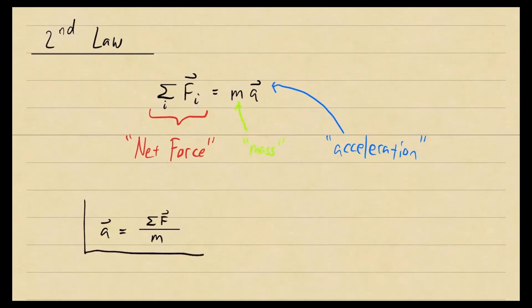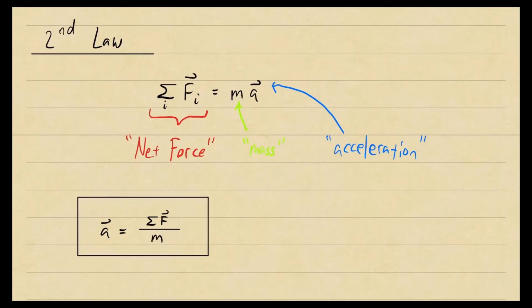So this is an important point, so I'm going to box it off. All right. So the acceleration that our object experiences is going to be equal to the sum of the forces divided by our mass.